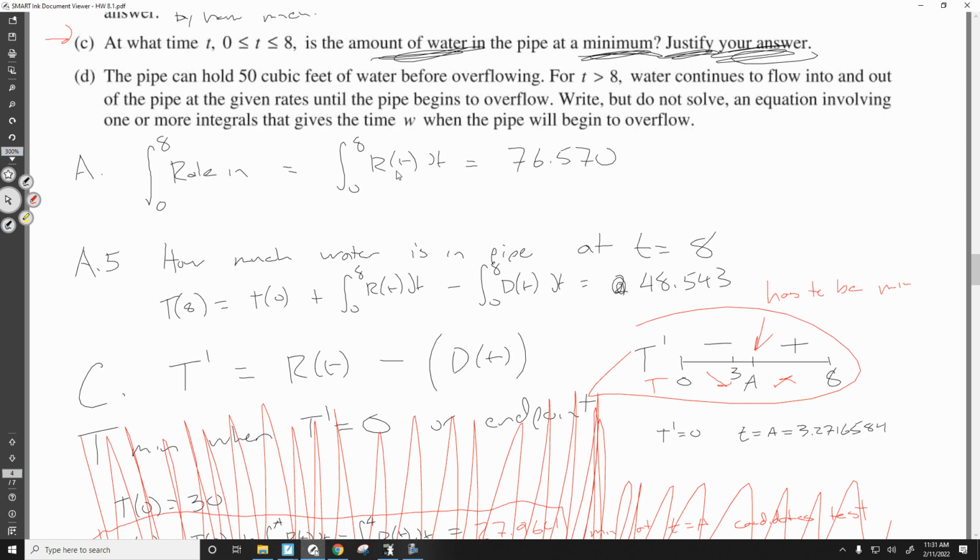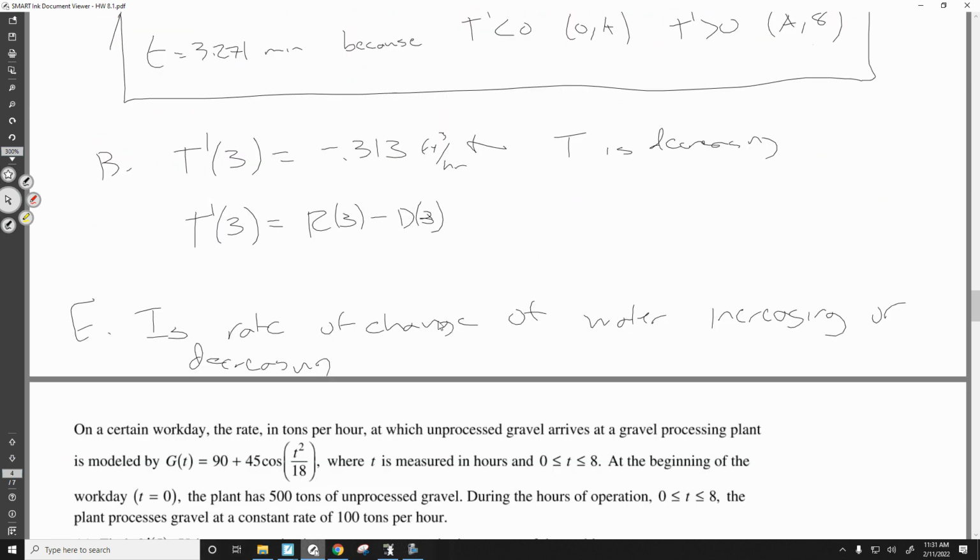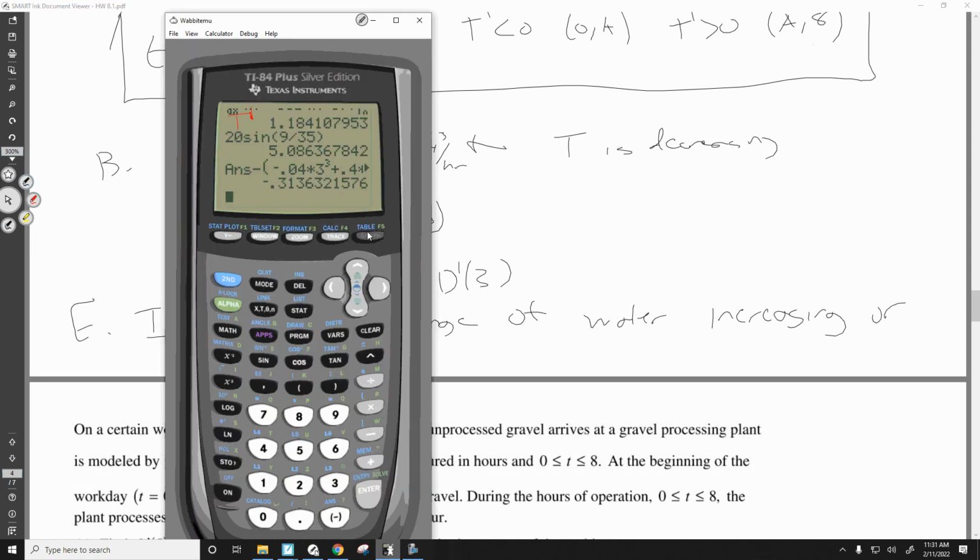If I ask you, is the rate of change increasing or decreasing, you need T double prime of 3, which is R prime of 3 minus D prime of 3. Oh gosh, I have to take the derivative of R and the derivative of D? That's gross. It's like sine of T squared. No. What's an easy way to find T double prime of 3? Graph. Here's T prime. Find the derivative at 3.